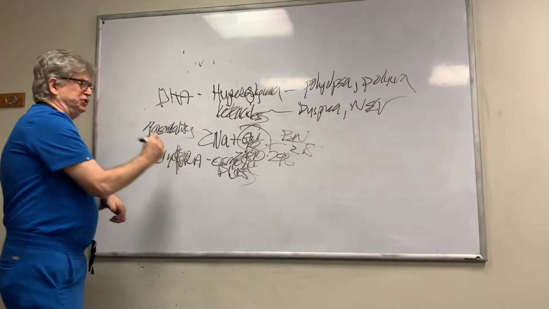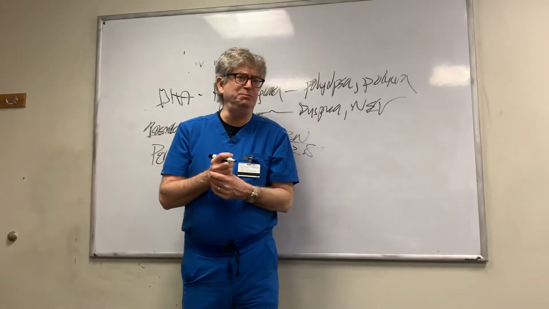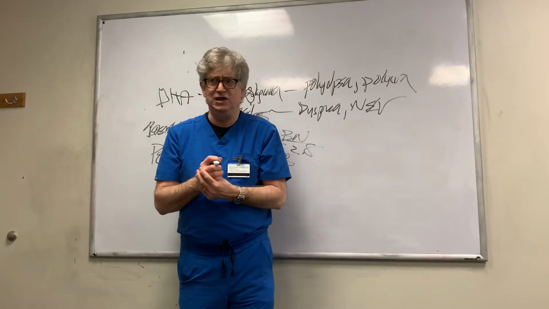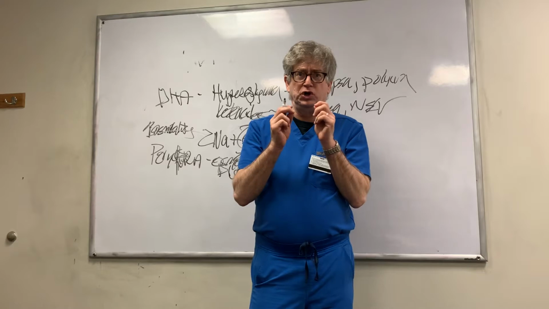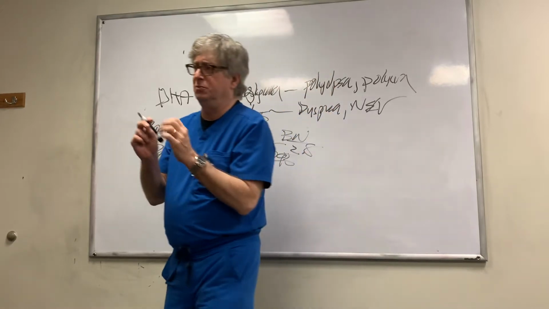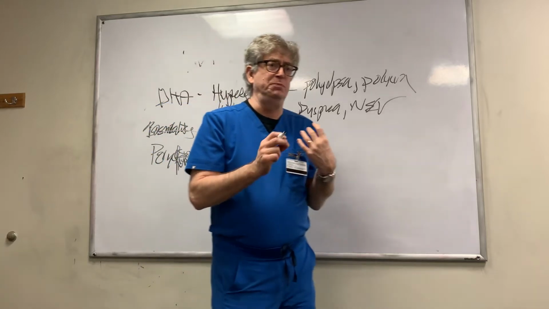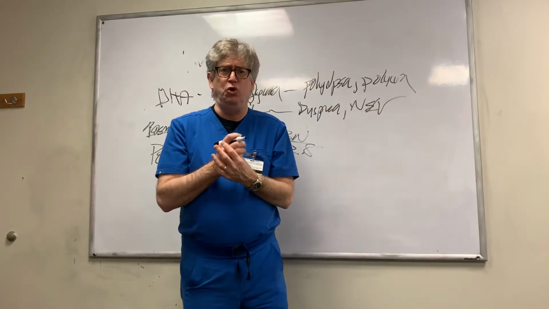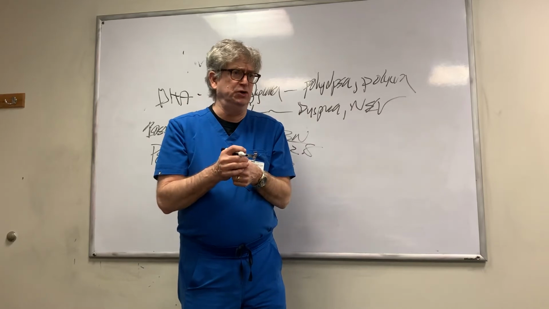So polydipsia, polyuria. Now it should be noted that the patients who have really high blood sugars, who are not DKA, we used to call this HHNK, hyperglycemic hyperosmolar non-ketotic state. Now it's called hyperosmolar hyperglycemic state. These people often cannot express their need to drink or their symptoms.